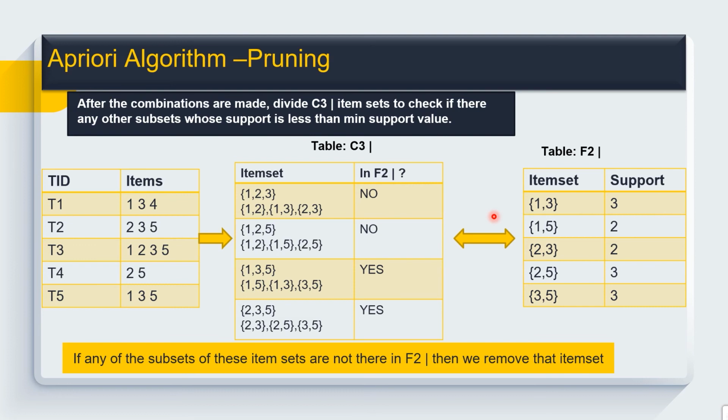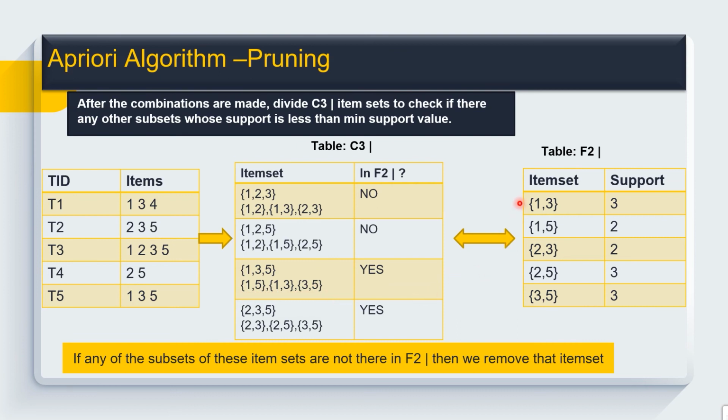In the item sets 1,2,3 we can see that we have 1,2, and in 1,2,5 again we have 1,2. So we remove these item sets and we will be left with 1,3,5 and 2,3,5. With 1,3,5, we have 3 subsets 1,5; 1,3; 3,5, which are present in table F2.